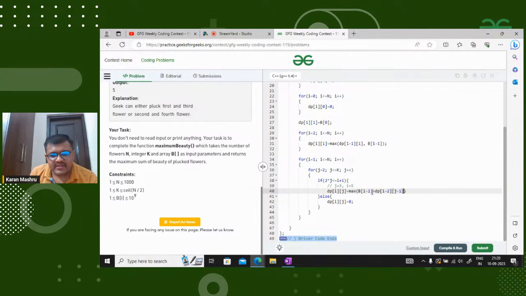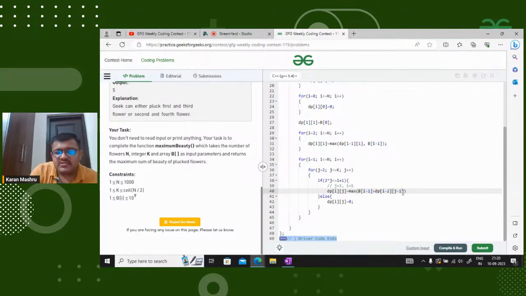So I am considering the ith flower, so the remaining would be j minus 1 flowers. So it would be dp of i minus 2 and j minus 1. So the maximum beauty which we can get by plucking j minus 1 flowers from the first i minus 2 flowers plus the beauty of the ith flower. So totally we have plucked j number of flowers.